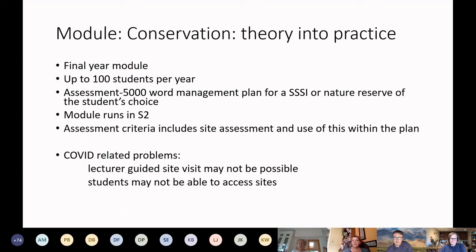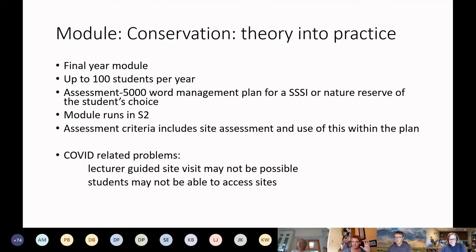The key part is that the assessment criteria include the requirement for students to go out and do a site assessment. They're supposed to go to the site and look at the ecology, focused on a particular species or habitat: what species are there, whether there's any management, what the key threats are to the species and habitats, and also human infrastructure and how humans are interacting with that space.